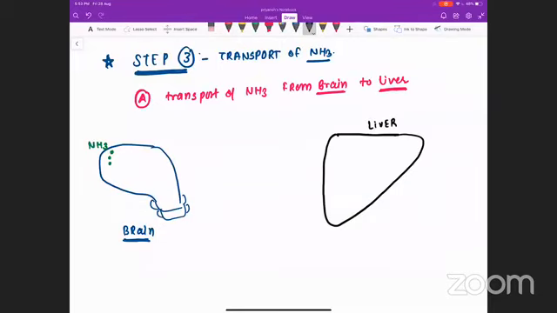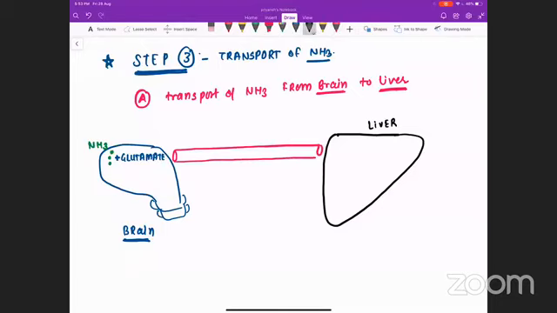So what we do is, this ammonia will unite with glutamate. When the ammonia unites with glutamate, a special molecule is generated with the name of glutamine.